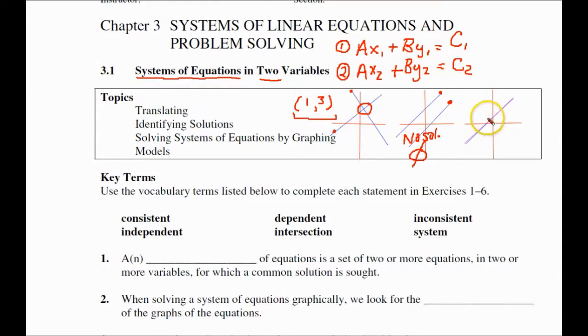So what would the solution set be for this? Well, can you see that if you had an ordered pair for one line, that would also be an ordered pair for another line? And how many points did we say are along this line? Remember, there's an arrow there. And the answer is there's an infinite number of pairs along this line.